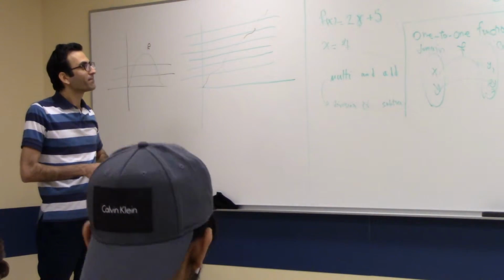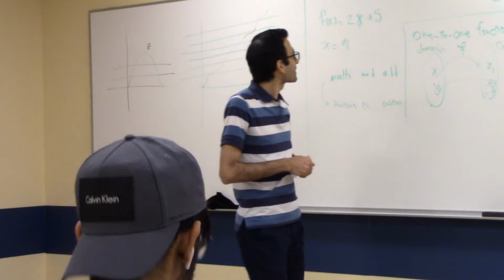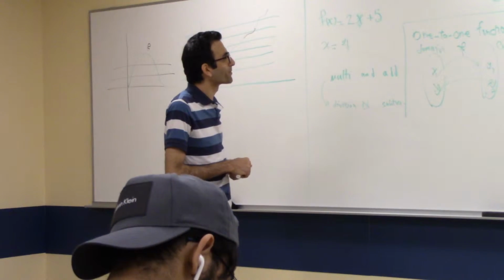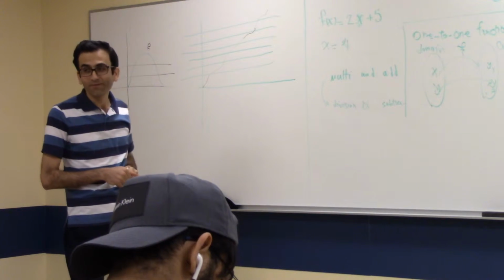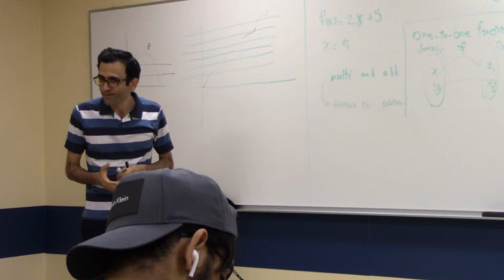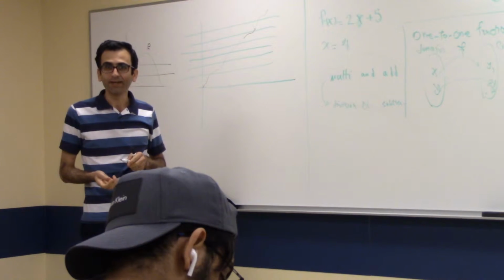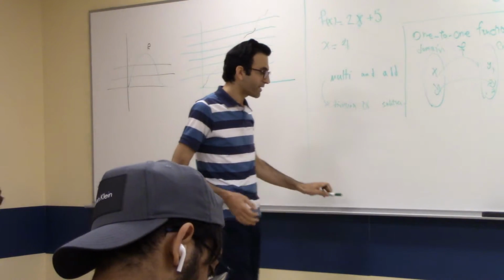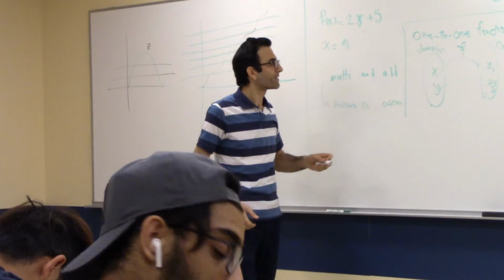So let's go back to the main goal of this class. We want to find the inverse function, and we described the criteria to be sure that a function has an inverse.